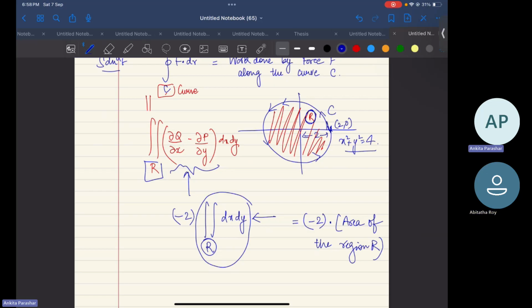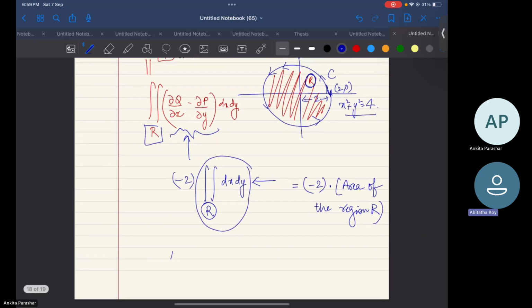Can you tell me the area of the circle with radius 2? Isn't it pi r squared?